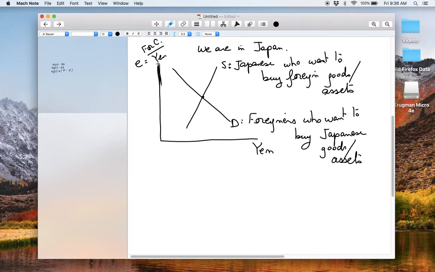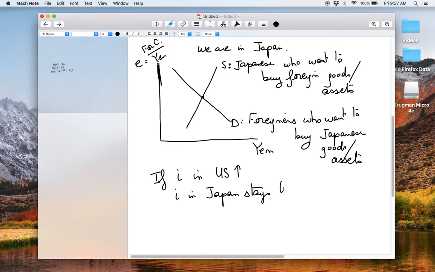Okay, so let's see what would happen to the exchange rate for yen if real interest rates in the US go up and interest rate in Japan stays constant.